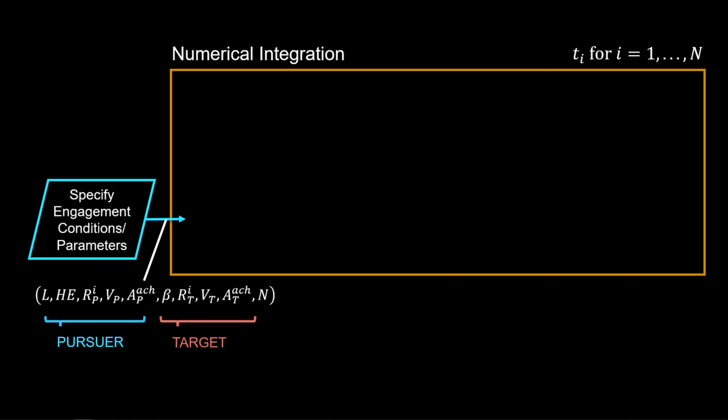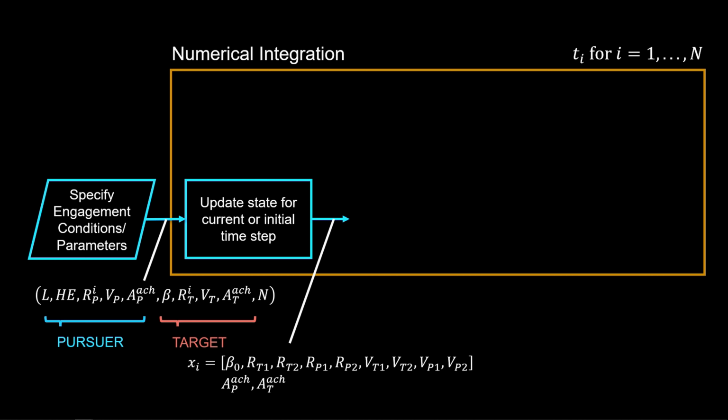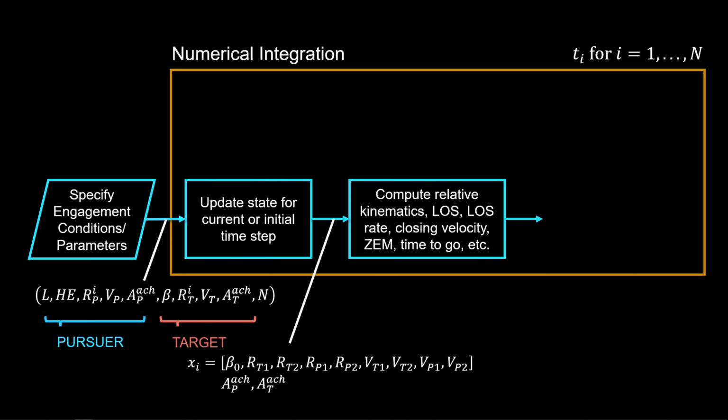Over a total of n time steps, we update the state vector for the current time step, and we have the achieved acceleration of the pursuer and target as well. From this data, we compute and store the relative position, relative velocity, relative acceleration, normal ZEM, and any other quantities that may be needed for the guidance or are of interest to examine after the simulation.